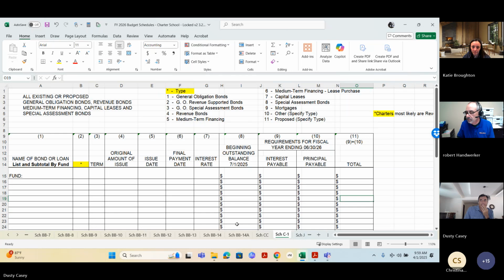Okay, just to piggyback a little bit off of Robert and Christina's question, I still have some confusion on lease payments, budgeting the lease payments versus the ROU liability. Normally, we don't list the actual lease payments in, let's say, 441 as an expense.